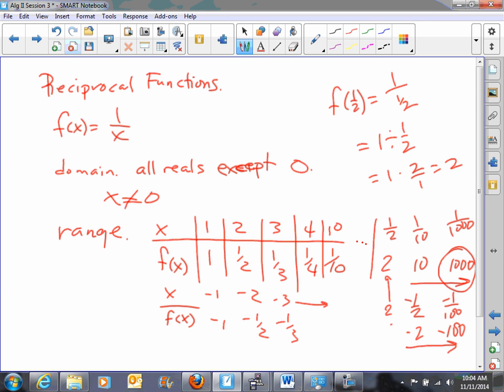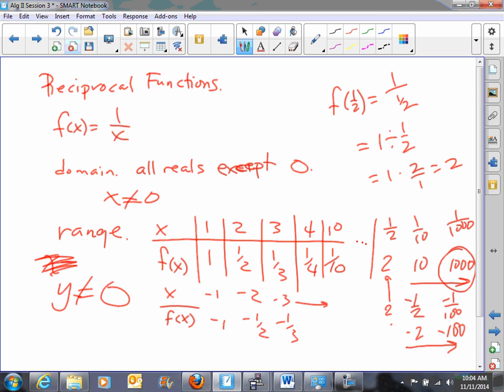So the only number that we can't get for the range would be the number that doesn't have a reciprocal, and that would be 0 itself. So for the range, we get the same set that we have for the domain, all real numbers except 0. So y is not going to be equal to 0, but it could be anything else.